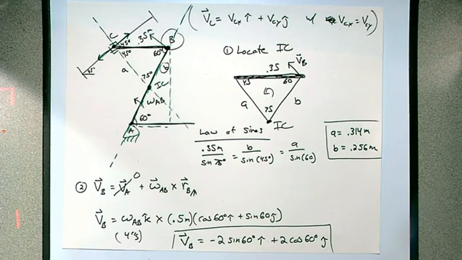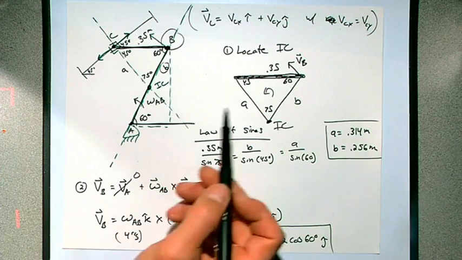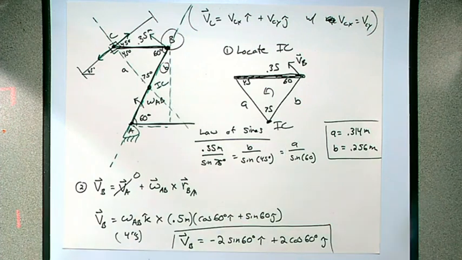And I can do that with my velocity of B is equal to the angular velocity of BC crossed with the vector to my IC. R from instantaneous center to B. So the velocity of B, I can plug that in.